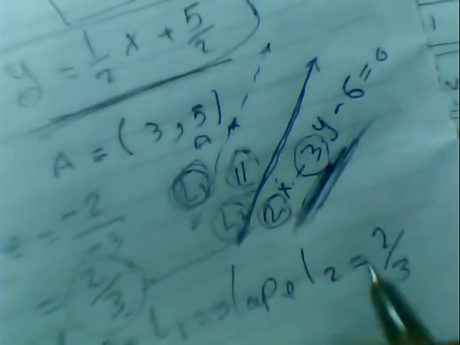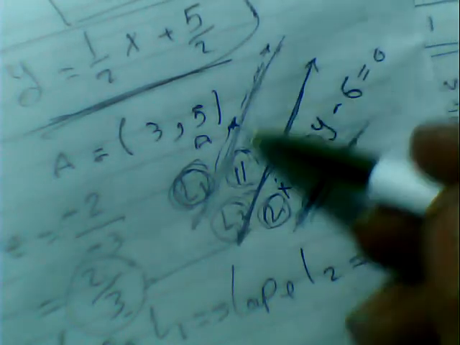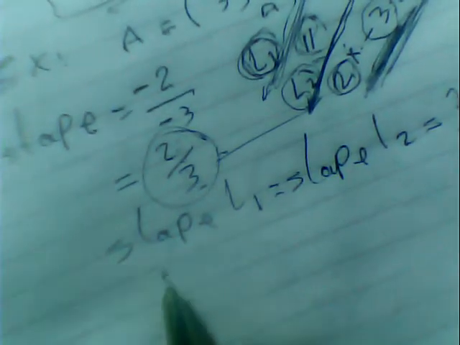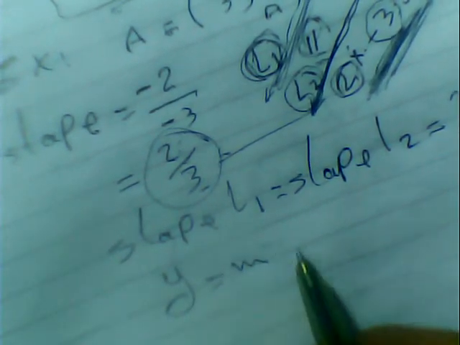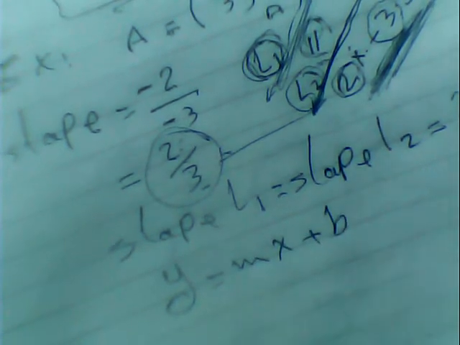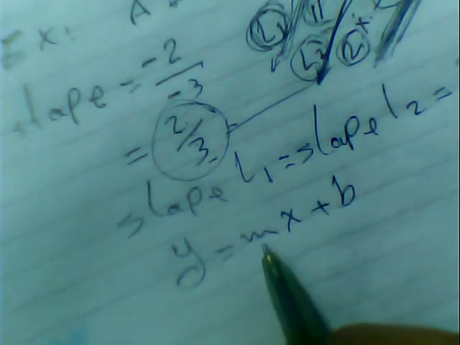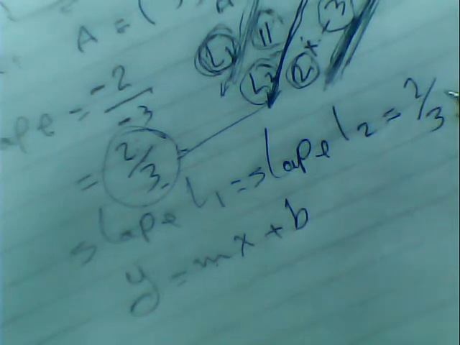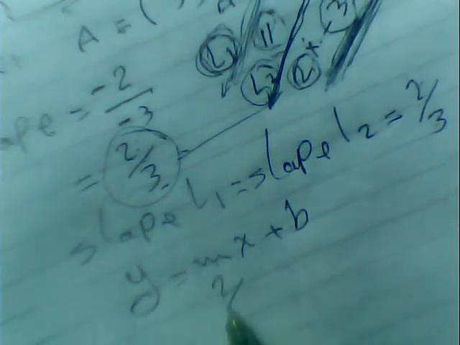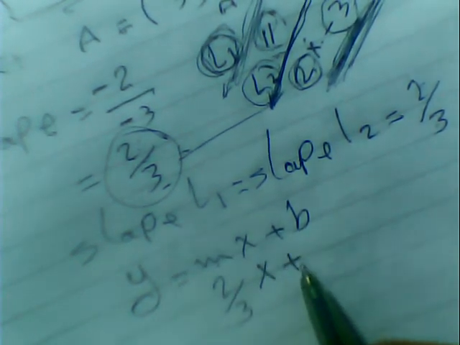Then we need the equation for this L1, y equals mx plus b. We already have m, 2 over 3, so y equals 2 over 3 x plus b.